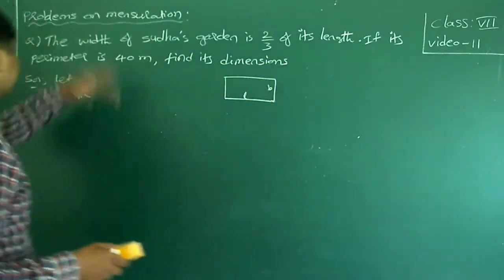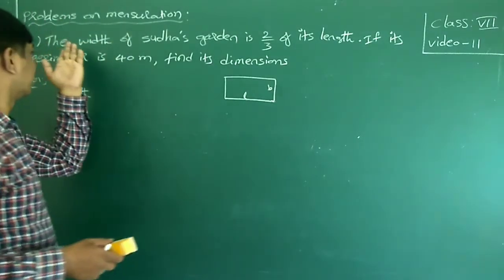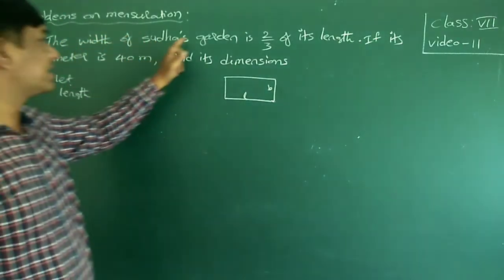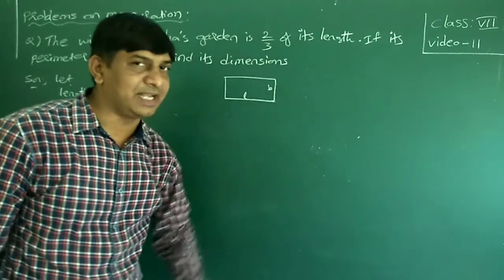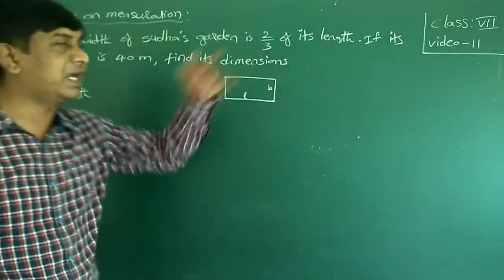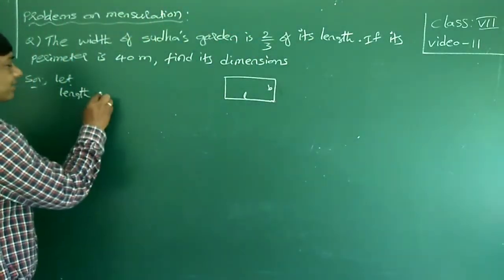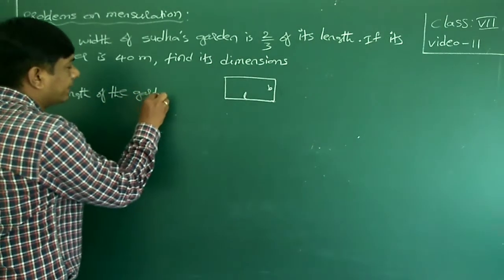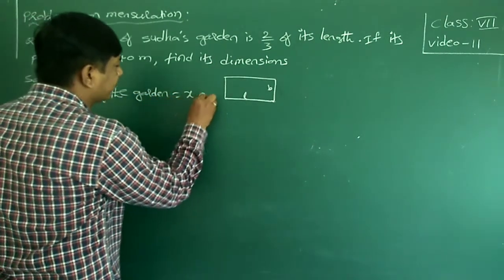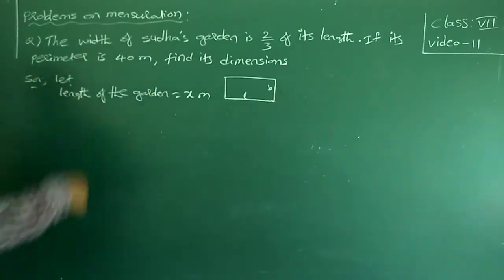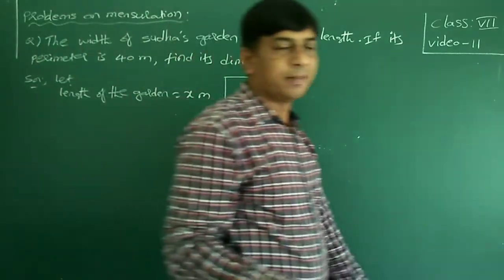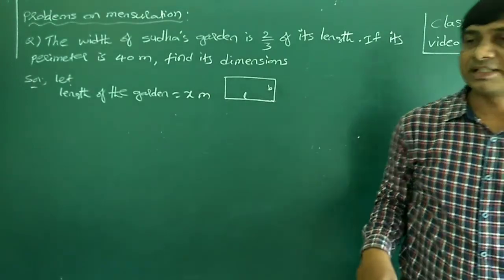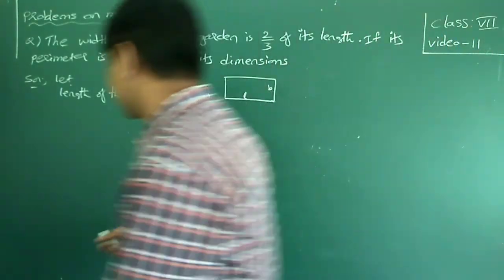Since I read this question in this way only I started. But actually here the width of Sudha's garden is 2/3 of its length, meaning width depends on length. So length of the garden is equal to x meters, because here perimeter is given in meters, so meters I suppose.